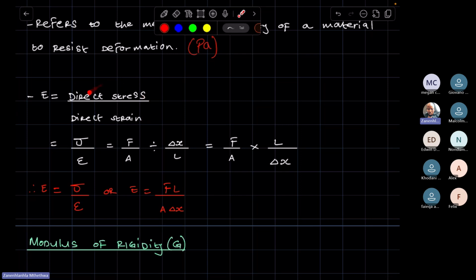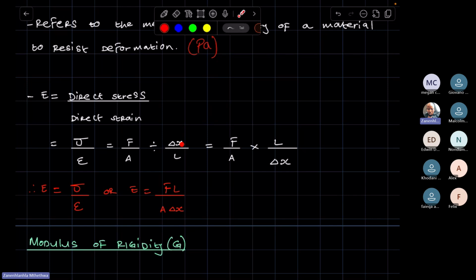Now, direct stress, as discussed earlier, is equal to force over area, and direct strain is equal to change in x divided by the original length L. That is where this comes from. So this is direct stress divided by direct strain, which is change in x over L. Mathematically we need to change this division sign to a multiplication sign, and if we do so, we need to use the inverse of this.